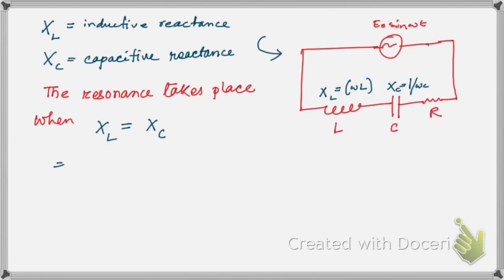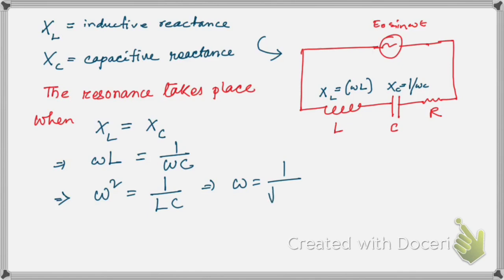So inductive reactance is equal to this, and this is the capacitive reactance, right? So from here what we can write: omega square is 1 by LC. So omega will be equal to 1 by root over LC, right?